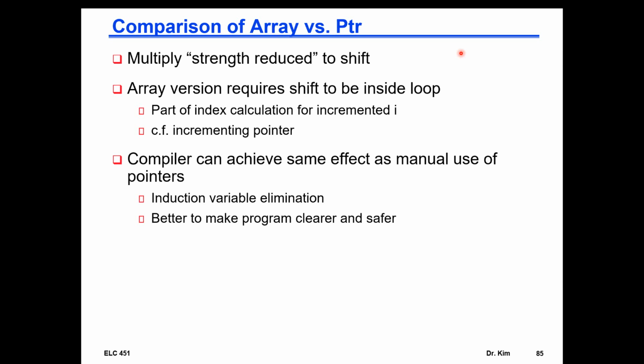Another strength of using pointers with array manipulation is that the multiply can reduce to shifts, and that's very useful. A shift operation is much faster than an actual multiplication.